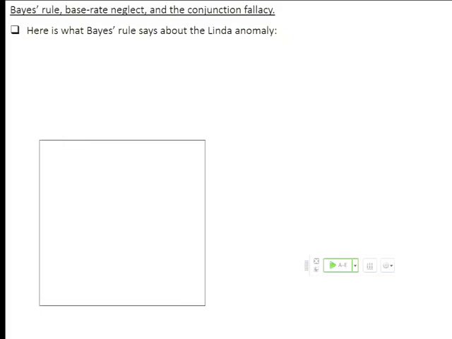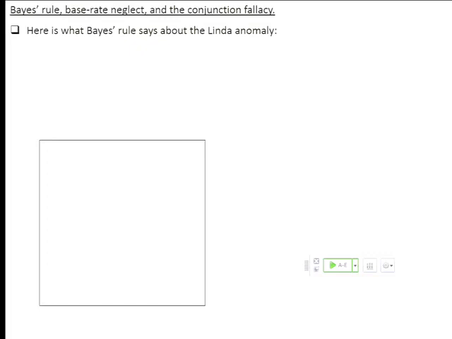And so this here is the conditional probability that you are liberal, given that you're a non-bank teller, which is going to be equal to the probability that you're liberal, given that you're a non-feminist bank teller, which is equal to 0.25. I think I've written that right. Basically what I'm saying is that the probability that a non-bank teller is liberal is the same as the probability that a bank teller who's not a feminist is liberal. Mathematically, that can't actually be quite right, but I'm just simplifying things, and it won't affect the outcome.